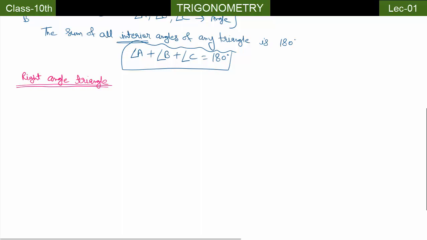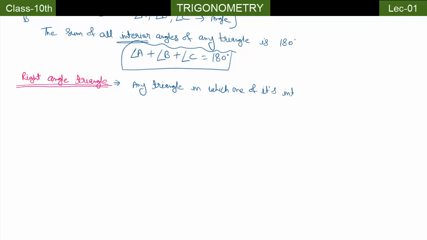So first of all, let's define what is a right angle triangle. Any triangle in which one of its interior angles is 90 degrees is called a right angle triangle.